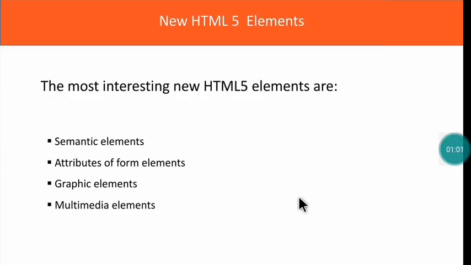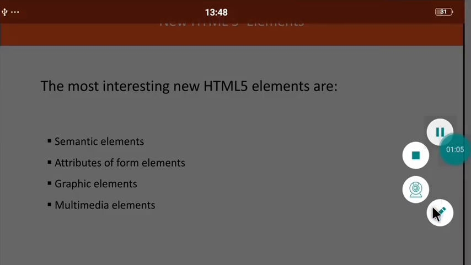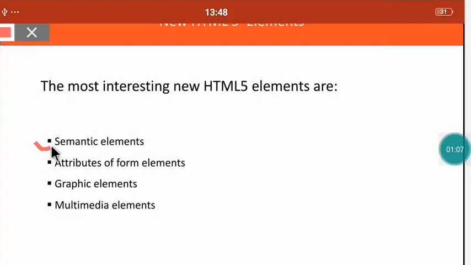The new HTML5 elements are, first one is semantic elements. What does semantic element stand for? Semantic elements or semantic HTML markup is HTML that introduces meaning to the web page rather than just presentation.